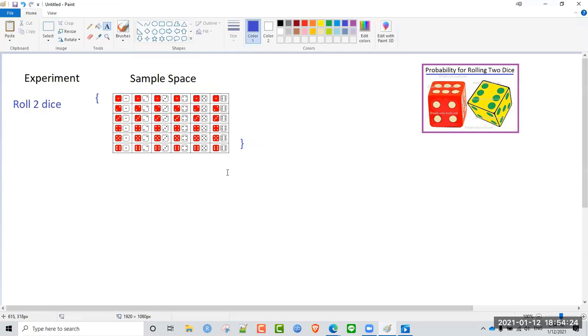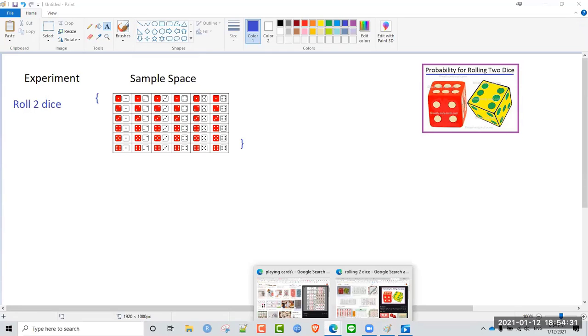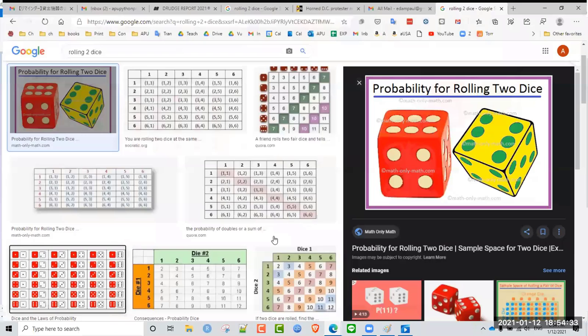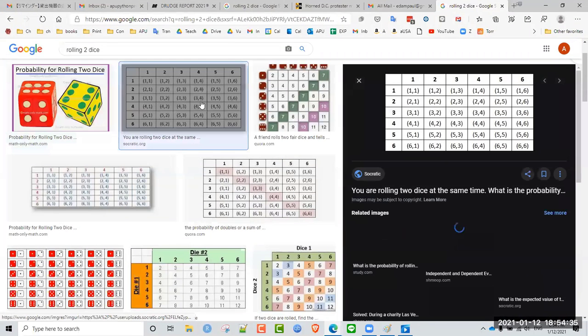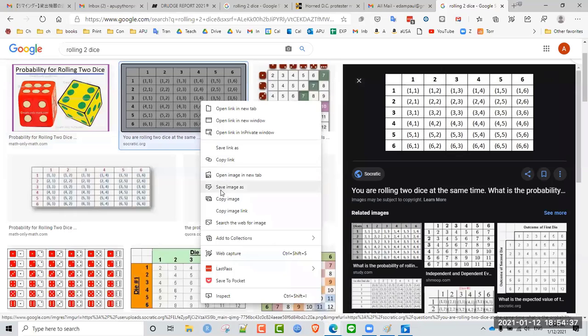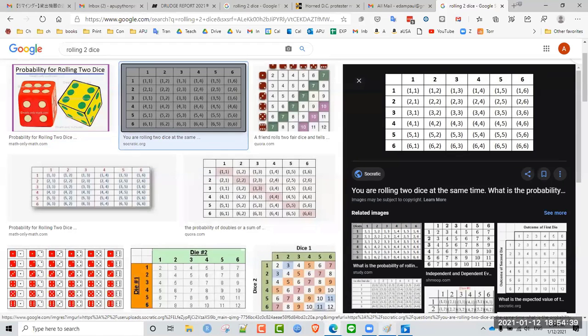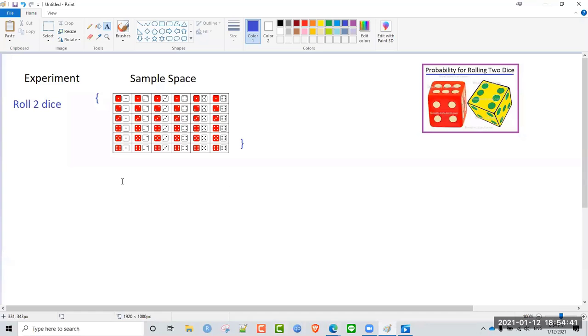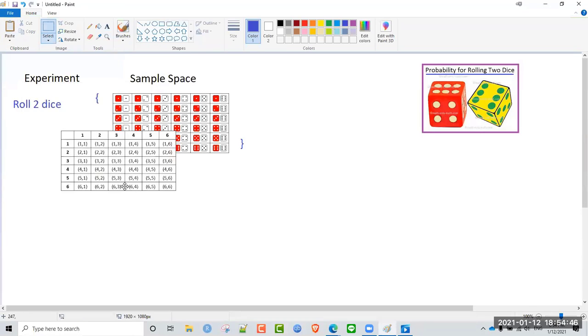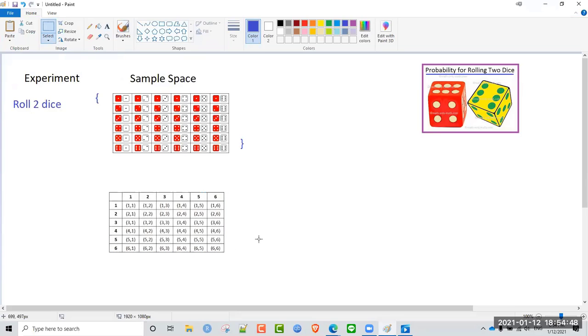But anyway, that's the sample space. Or we can also use this way to show the same thing. Either way, of course, would work.